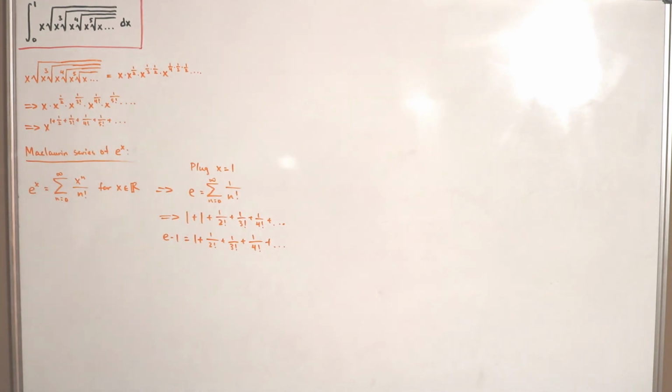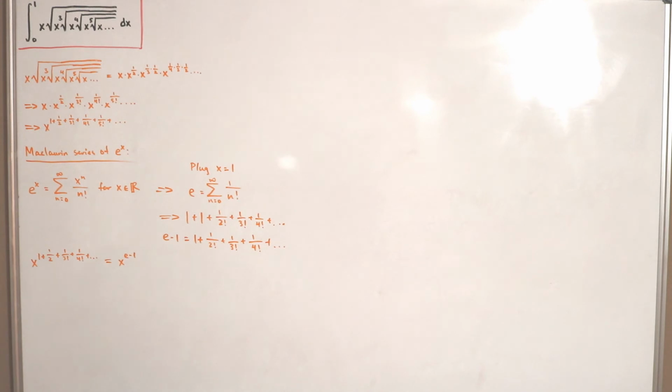So rewriting the same thing we had before, 1 plus 1 over 3 factorial plus 1 over 4 factorial, that's simply equal to x to the power e minus 1, simply because we defined this from the Maclaurin series, so we do that substitution.